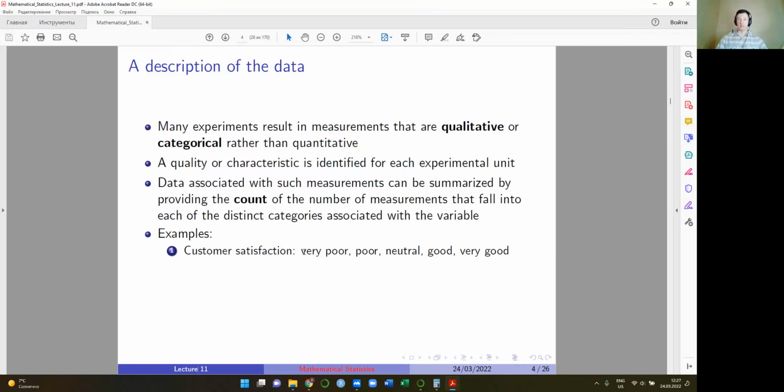Well, the problem is that those are not numbers. We are not measuring these customers; we ask them, and the answer is qualitative in nature. It's not quantitative. It's not like production of oil, it's not like the salary, it's not the number of cars. It's a qualitative, categorical answer: very poor, poor, neutral, good, or very good.